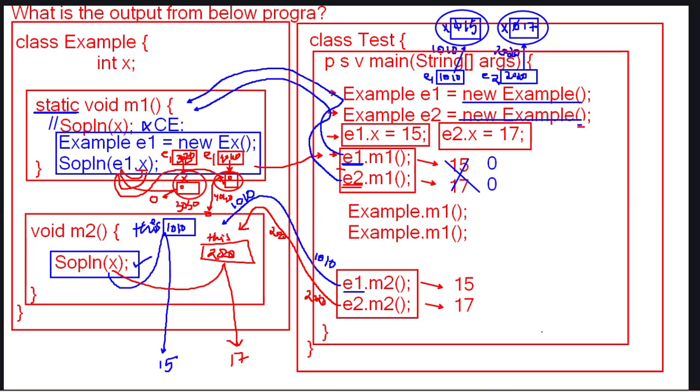This E1.m1, E2.m1 is equal to example.m1, example.m2. That's why I left the space in the middle. Both are equal.